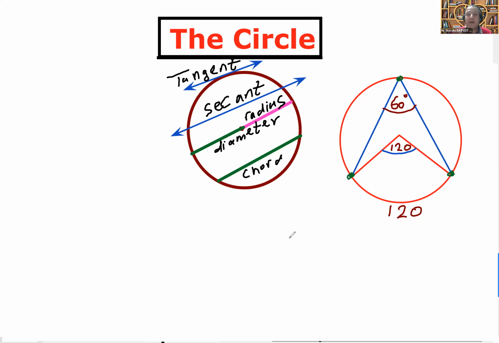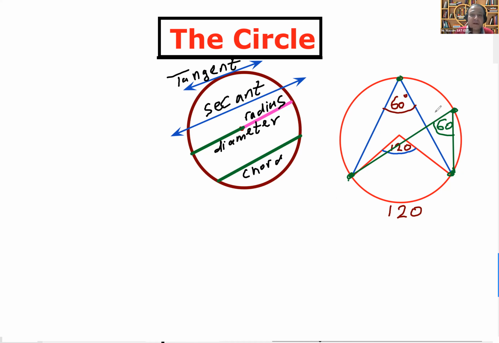Half the subtended arc. Now, who can tell me what about this angle? What is the measure of this angle? Either turn on the mic or write. No, Yarimas. We said that it is an inscribed angle, the three parts on the circle, and the half is the subtended arc, so it's also 60.